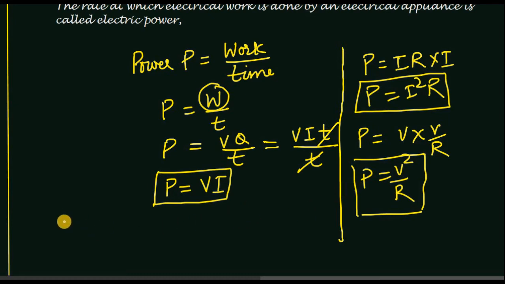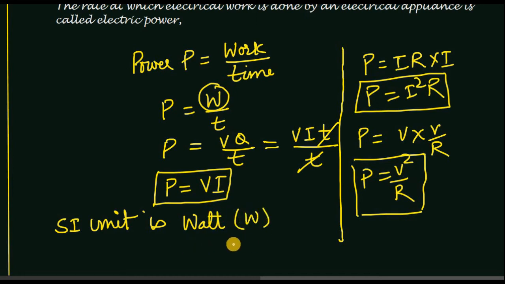Okay, now the unit. SI unit of power is watt, W-A-T-T. Some other units are kilowatt and megawatt. You already know kilowatt is 10 power 3 watt, and megawatt is 10 power 6 watt.